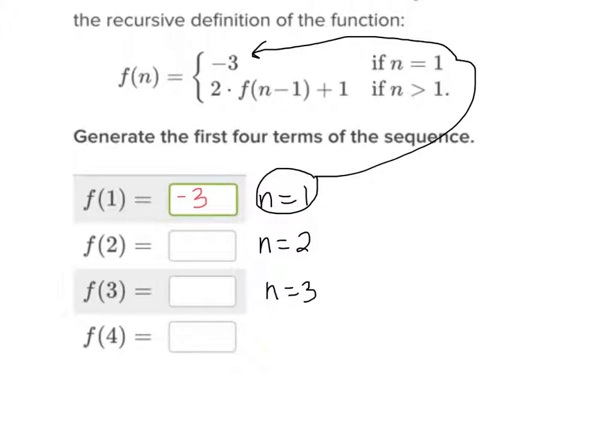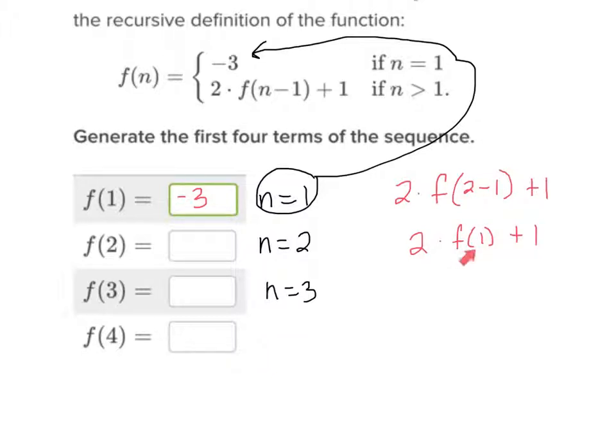Now when I say f of 2, what that means is take this 2 right here and plug it in for n right there. So I've got 2 times f of 2 minus 1 plus 1. Well, 2 minus 1 is? So I've got 2 times f of 1 plus 1.